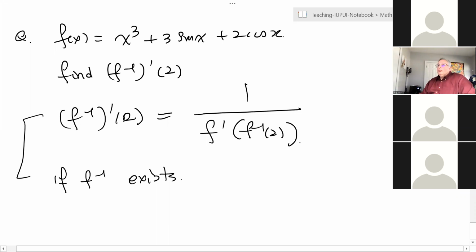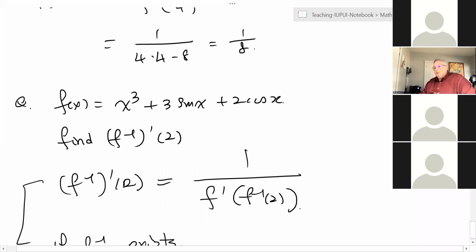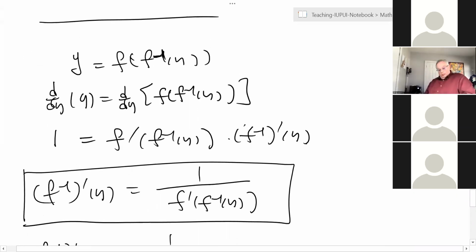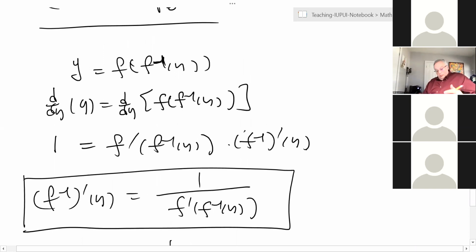Well, we use a formula. We just got it, right? Let's go back to the formula. This is how we get the formula, right? We use the identity for the inverse, the relationship between the inverse and the original function.